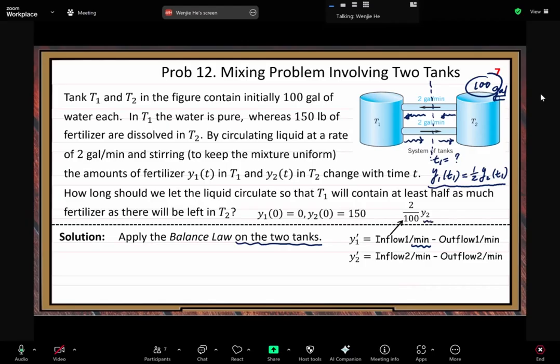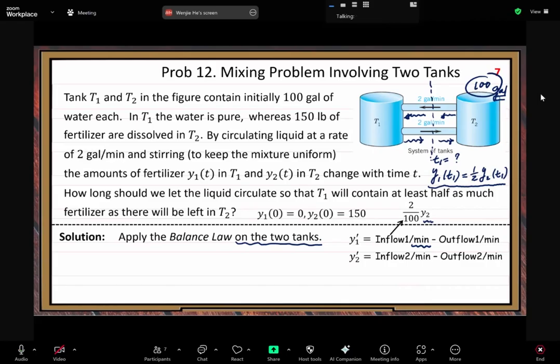Because the total amount of fertilizer in T2 is Y2, but you only let it flow out 2%, right? 2 gallons, that's 2%. So only 2% of the Y2 amount flows into T1 per minute.